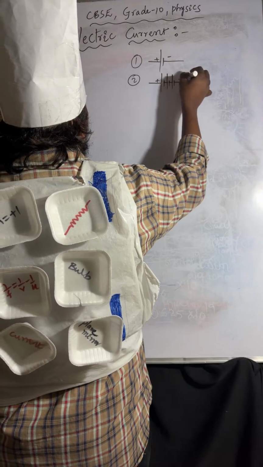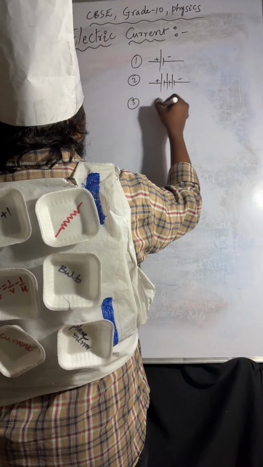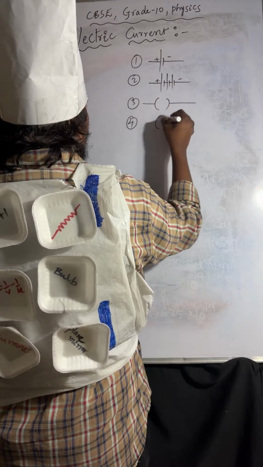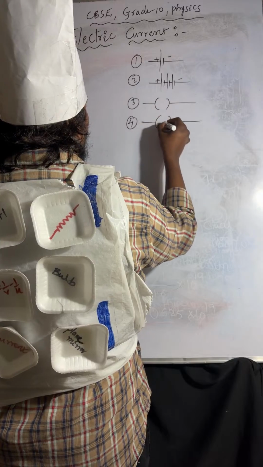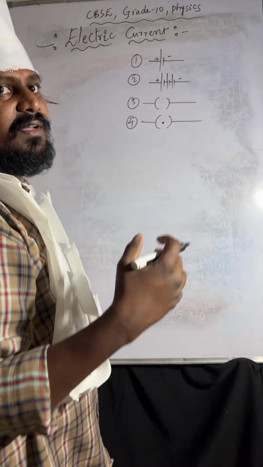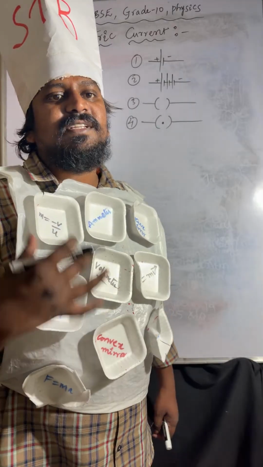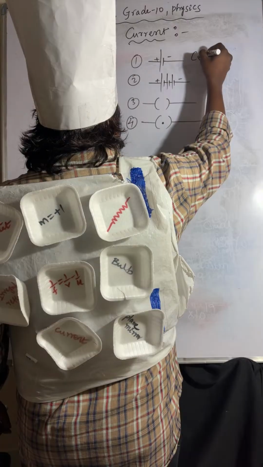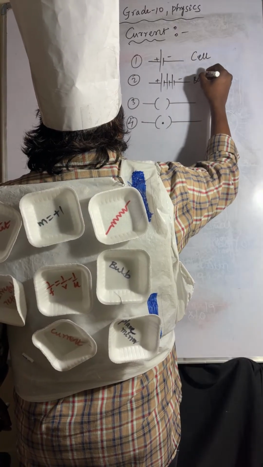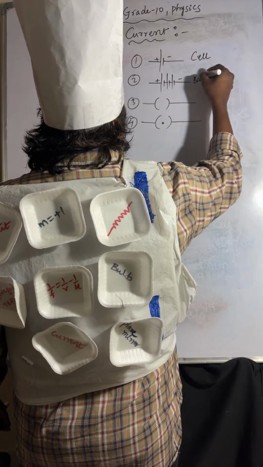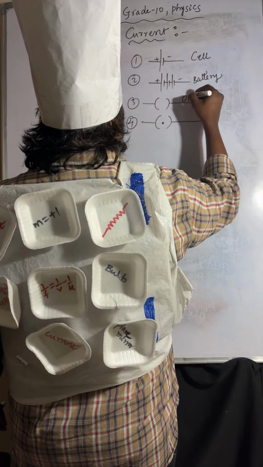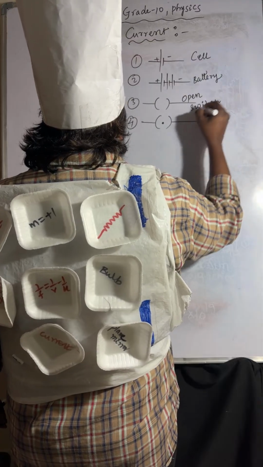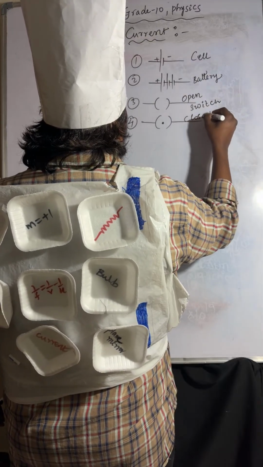Third one is switch. Here is an open switch and a closed switch, two different points. So this is the cell, battery, and here an open switch, and here it is a closed switch.